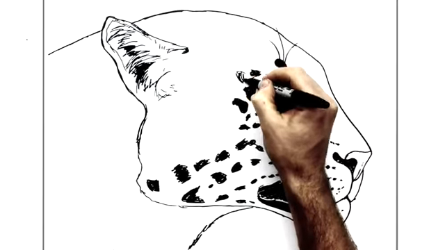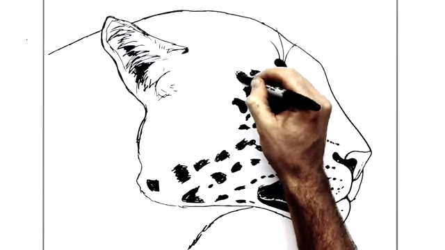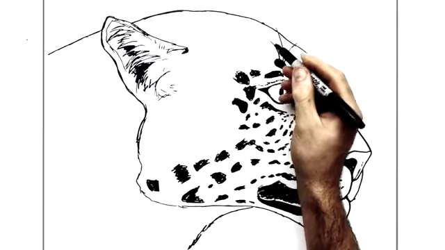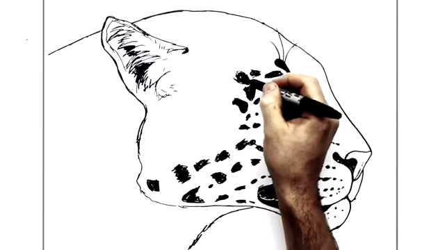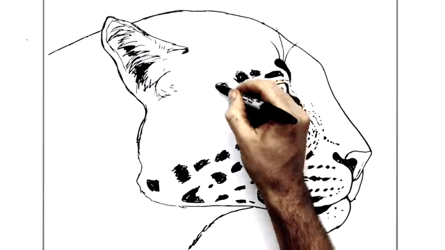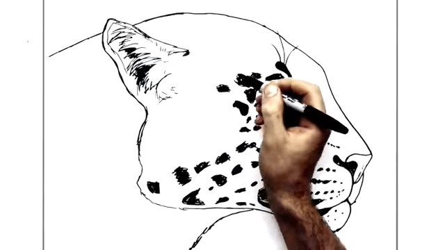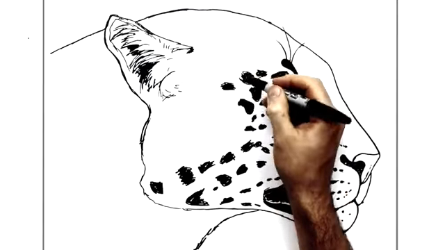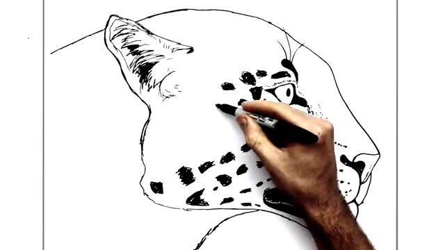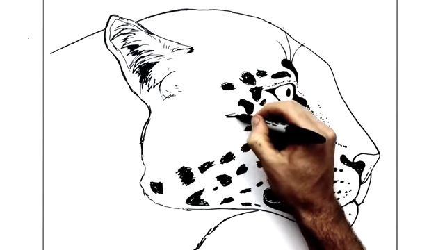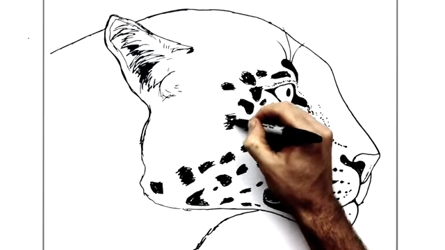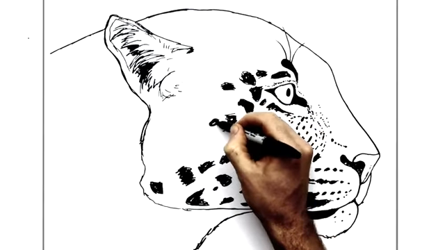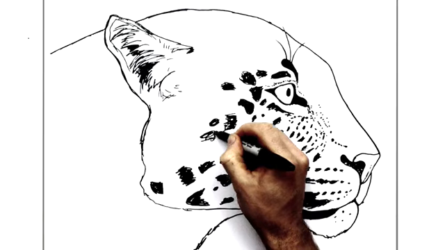And then start adding some bigger ones at the back of the head here. This. So adding some pretty big ones now.